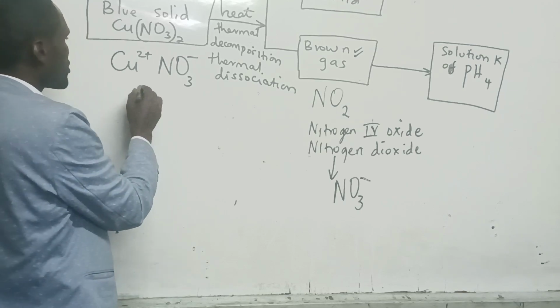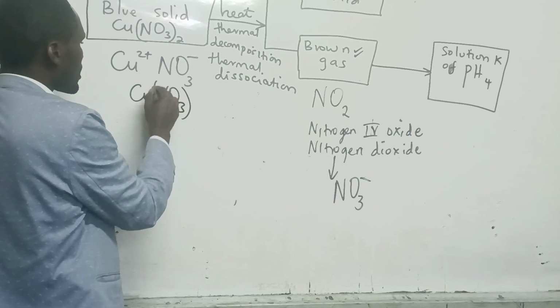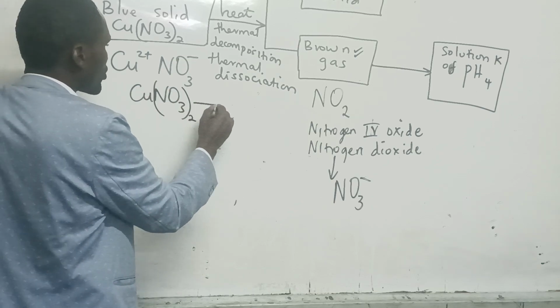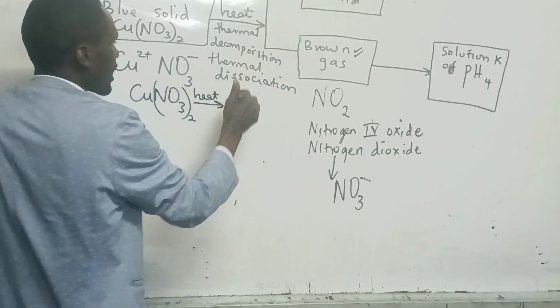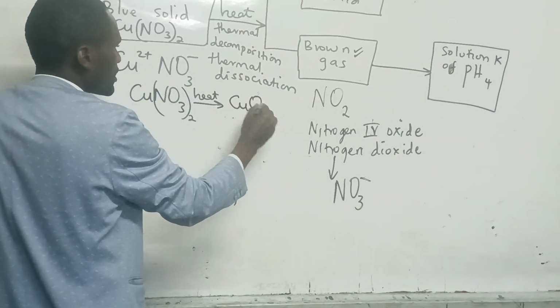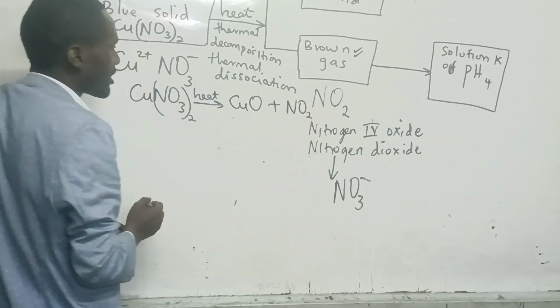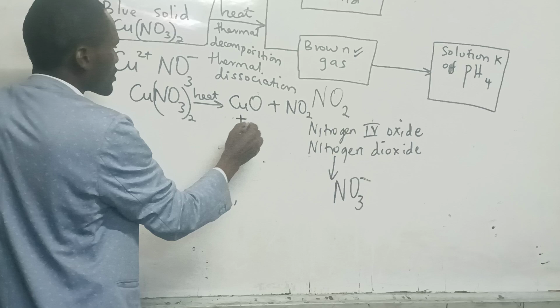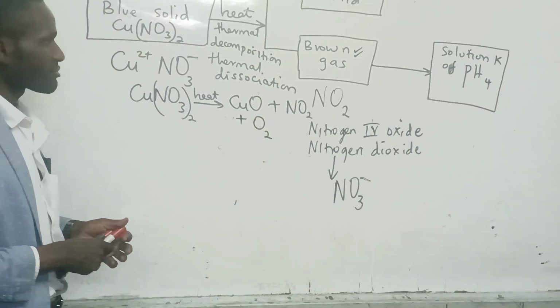So the compound becomes copper 2 nitrate. The copper 2 nitrate undergoes thermal decomposition, and obviously, we are forming a black solid, which is copper 2 oxide, and a brown gas, which is nitrogen dioxide. And obviously, we must also form a gas called oxygen gas.